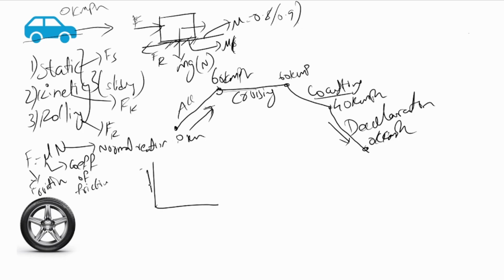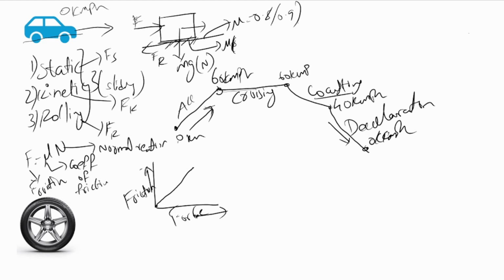On the y-axis I'm taking friction, and on the x-axis I'm taking force. You start applying force, that means you slowly start applying the accelerator. The power from the engine will start transmitting to the tire. This is how it will be transmitting.